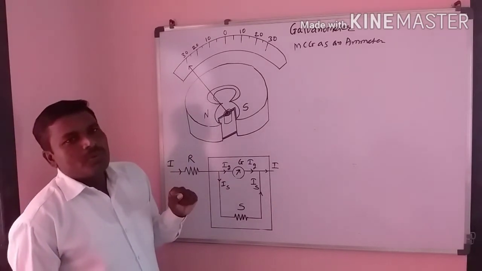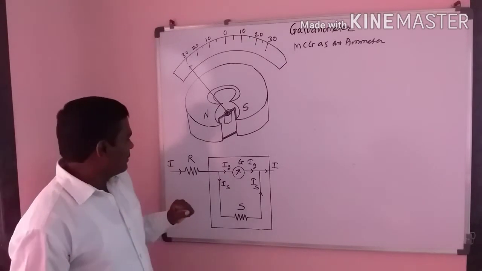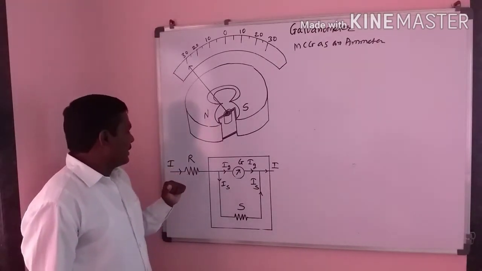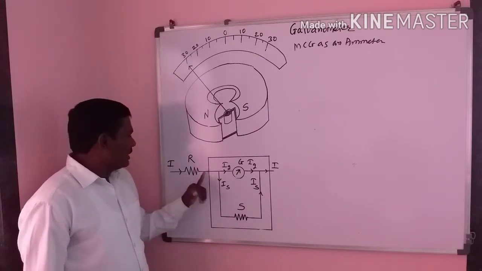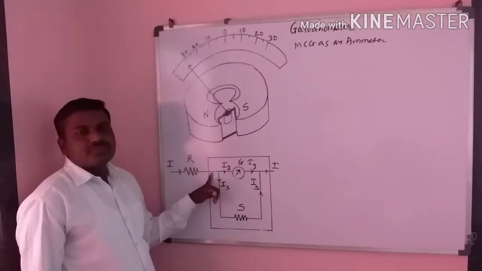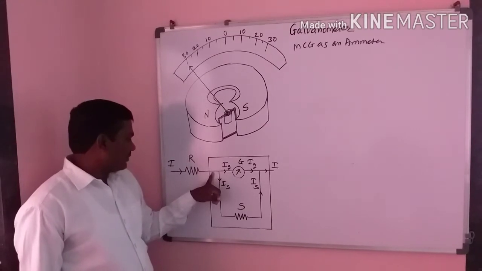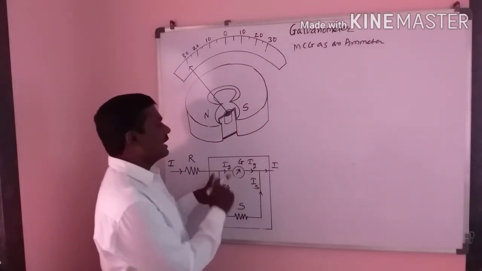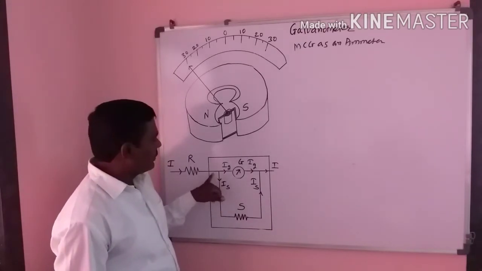Now we learn about the shunt resistance. Suppose we want to measure the current and we connect the galvanometer in series.